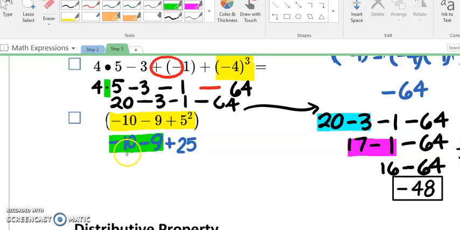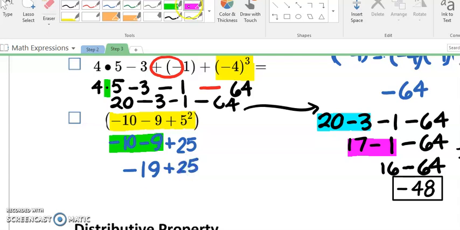These two numbers have the same sign. When they have the same sign, we're going to combine and keep the sign. I'm going to combine 10 and 9. Pretend you have 10 objects and you have another 9 objects. Put them together. 19. Since they're both negative, the answer is negative. If they were both positive, the answer would be positive. Then I'll bring down my plus 25.